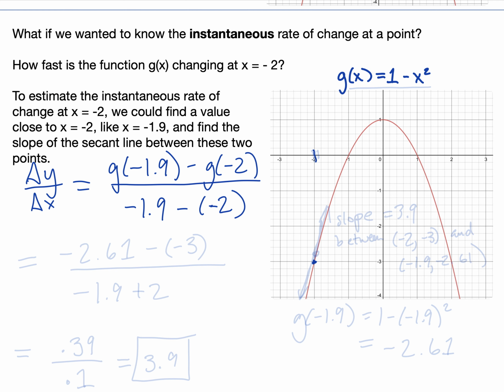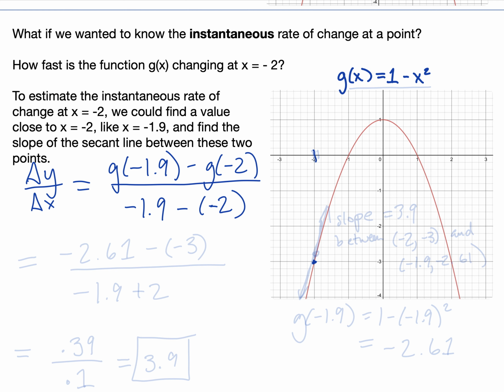One note is that it doesn't matter whether you put the values on the right first or the values on the left first, as long as it matches. So we could have also done g of negative 2 minus g of negative 1.9, divided by negative 2 minus negative 1.9. That would have also been fine.